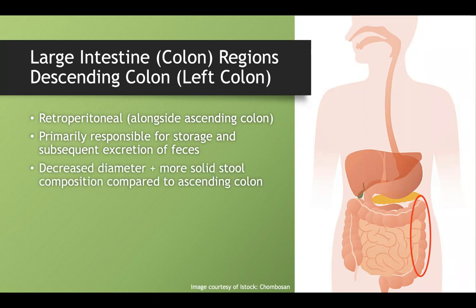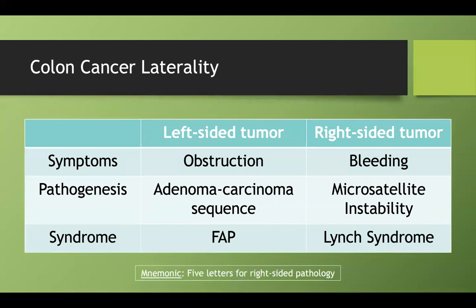And keep in mind, because there's a decreased diameter in this region and the stool has more of a solid composition, you're at a higher risk of obstruction if you do have a tumor growing on your left side. So again, going back to the slide that we'll talk about later, you can see that left-sided tumors are known to cause obstructive symptoms.